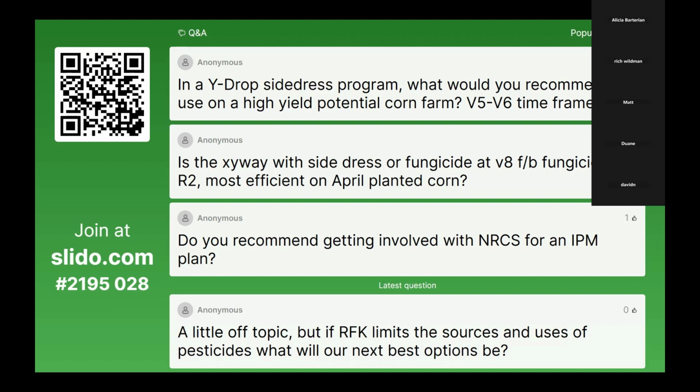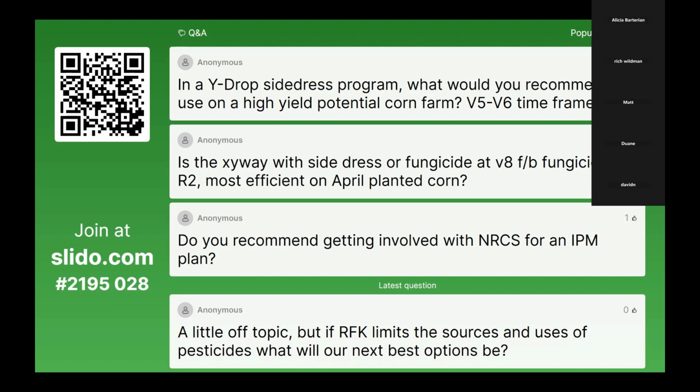But you come back and as long as your total applied nitrogen and your sulfur is up there in that 20 unit range, of the combination part of the other, I guess that's honestly the question I get. And then is it Dyway with side dress or fungicide at P8 followed by the R2 lab.